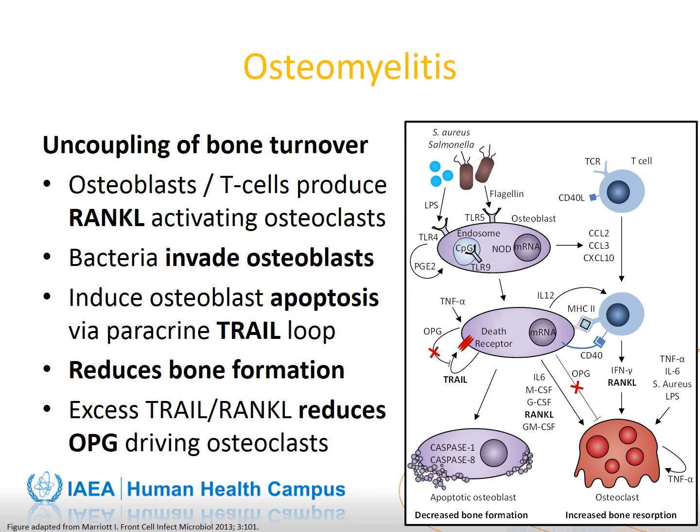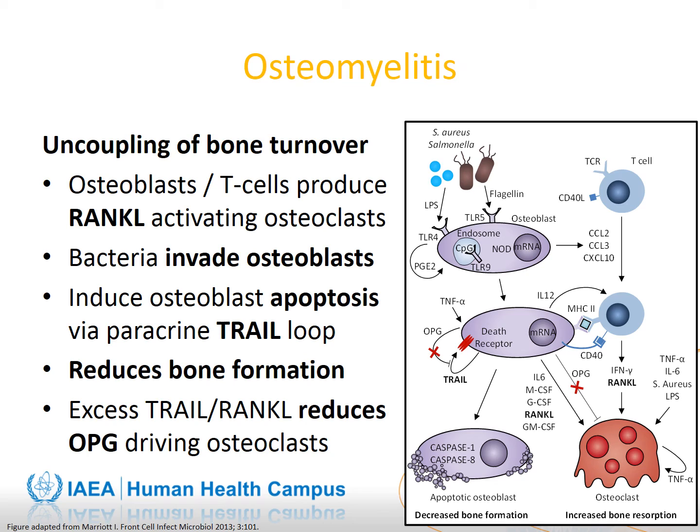After bacterial invasion, TRAIL will be expressed by the compromised osteoblast that promotes apoptosis after binding to the death receptor. Not only does this reduce the number of bone-producing cells, but TRAIL is also a ligand of OPG, as discussed earlier in this webinar, so this effectively reduces the concentration of OPG that is available to bind RANKL and to inhibit resorption in the microenvironment.